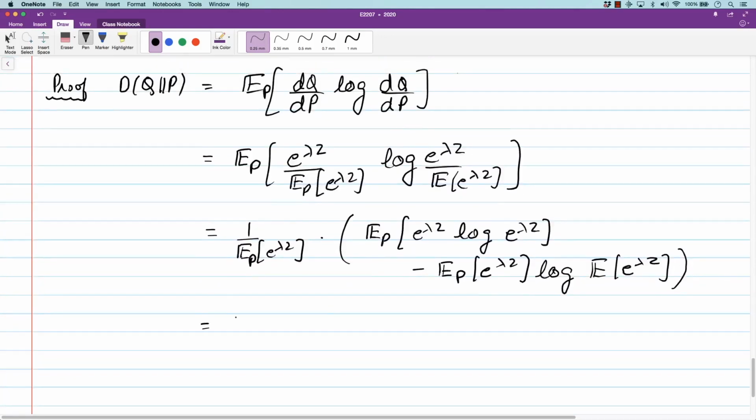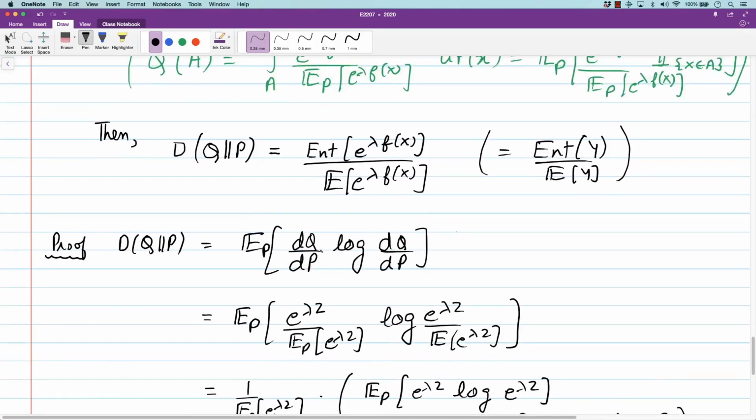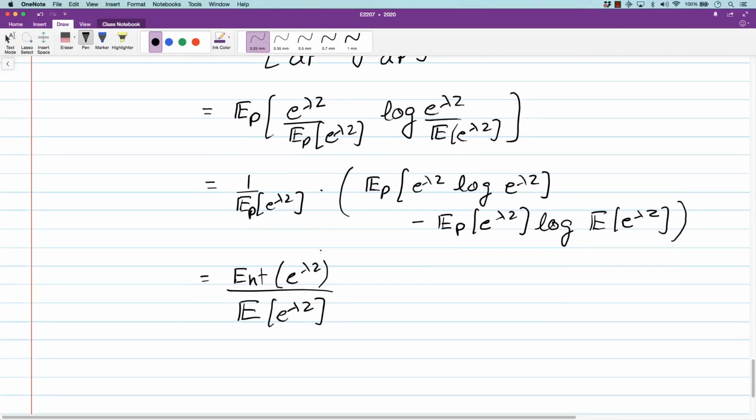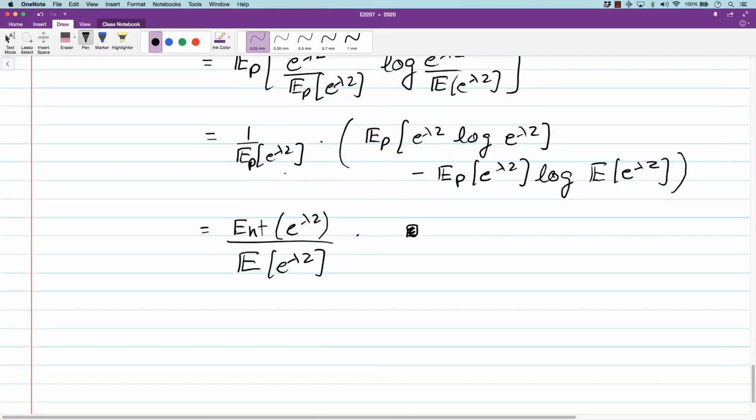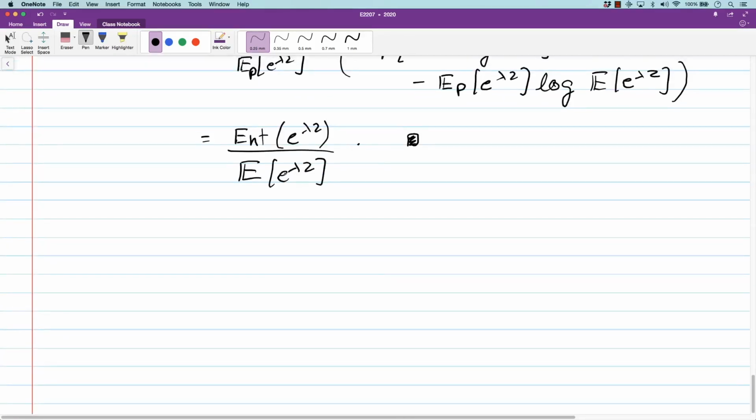So this is exactly what we had, the entropy of e to the power lambda z by the expected value of e to the power lambda z. Alright, so the proof is straightforward, it's just a re-expression. So very nice. This Herbst condition that we have seen earlier can be re-expressed in terms of divergence.